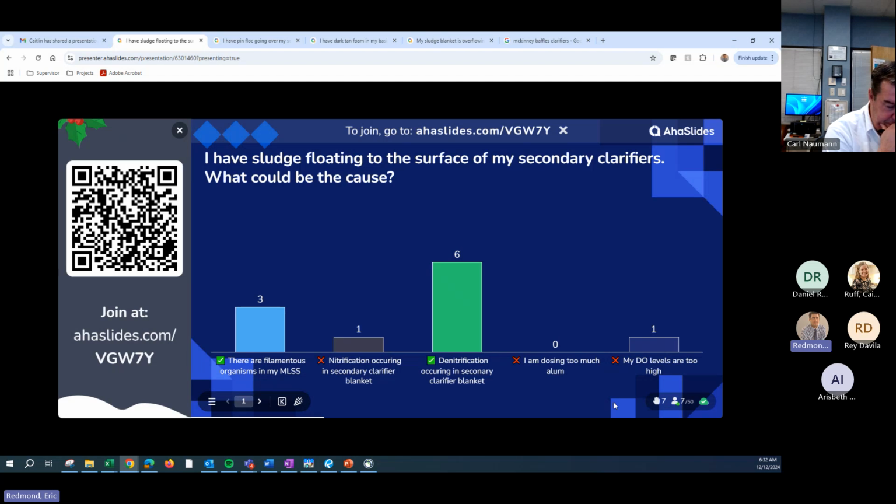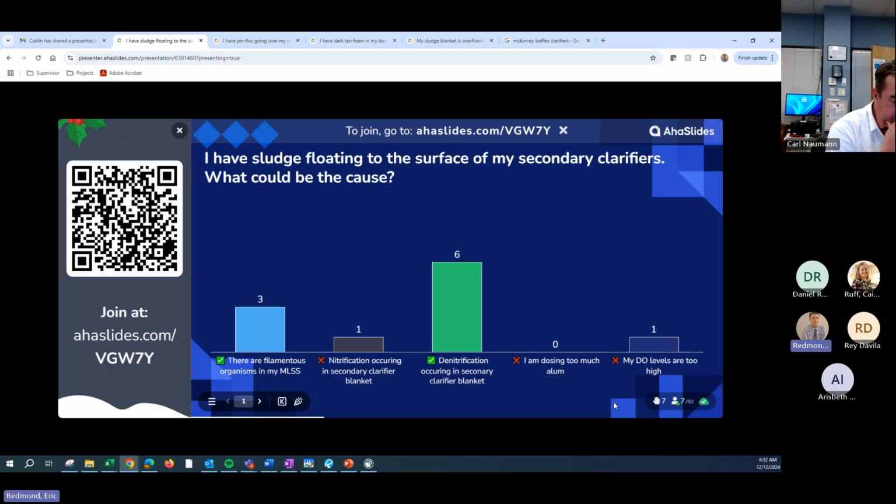When we talk about going anaerobic, that means we're going to have denitrification in the blankets. So what is denitrification, and why is it a problem in our secondary clarifiers? It stays in the finals too long. And what's getting converted in there? Nitrate to nitrogen. Yes, we're taking nitrate and making nitrogen gas.